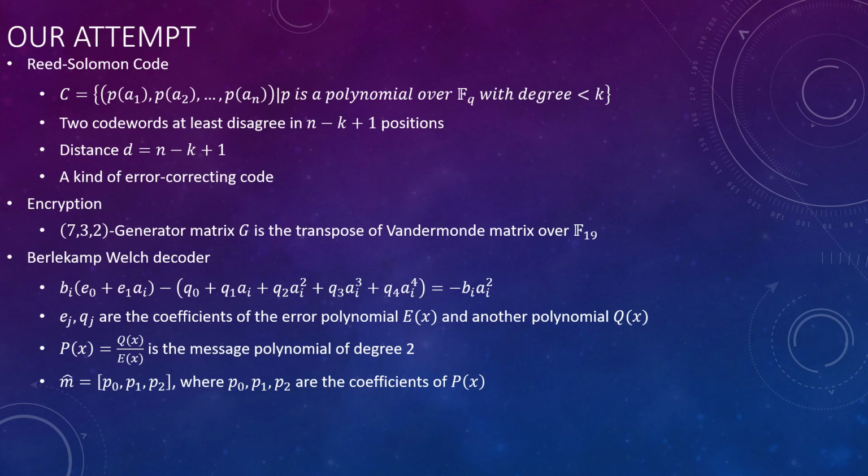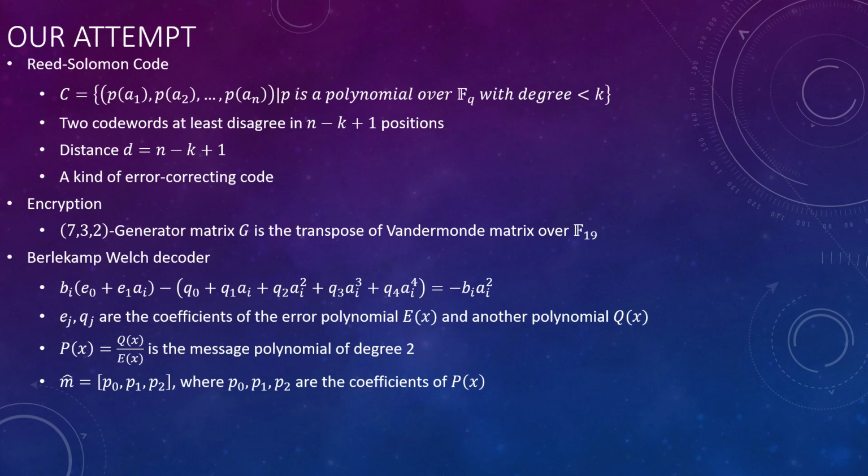So when we receive something here, we can also distinguish whether the error is correctable or not, because when we do the division of the polynomials, if the remainder is not 0, it means that the error is not correctable. So the message polynomial cannot be found, and the message cannot be retrieved.